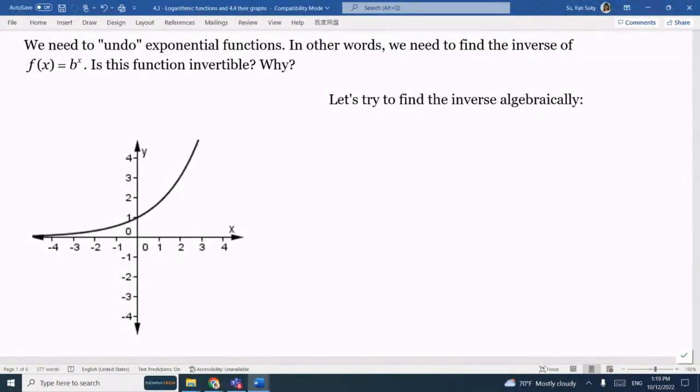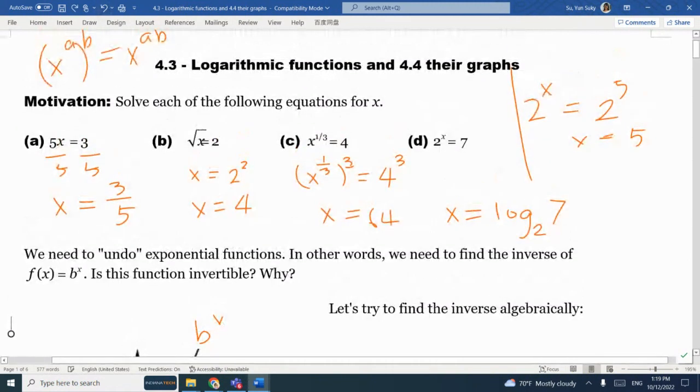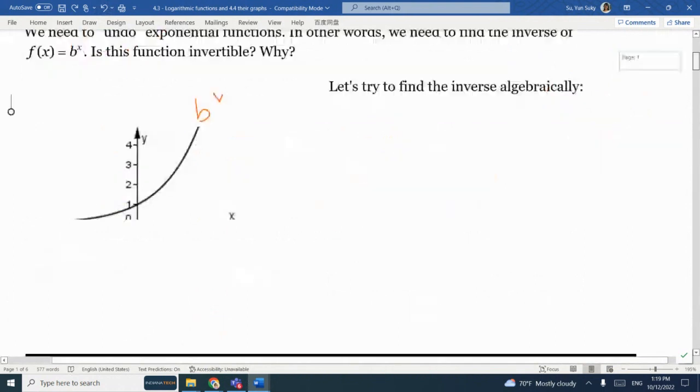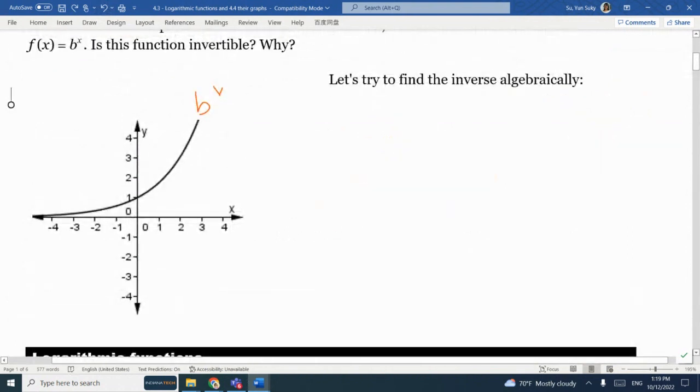Okay, so this is the exponential function b to the x where b is greater than 1. We know it is an increasing function. It passes through the point 0, 1, and it has a horizontal asymptote y equals 0. Do you remember that from last time?